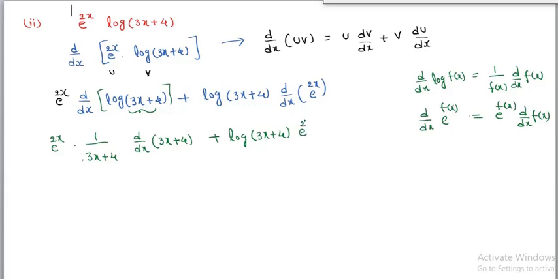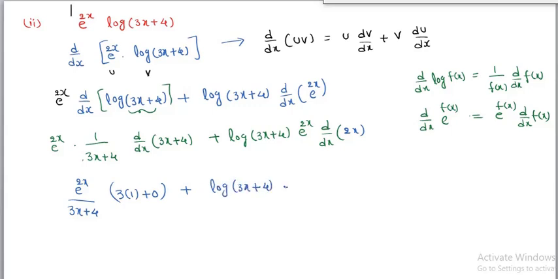So e power 2x d by dx of 2x, only 2x. e power 2x by (3x plus 4), 3 constant x derivative 1, constant derivative 0, log of (3x plus 4), e power 2x, 2 constant x derivative 1.